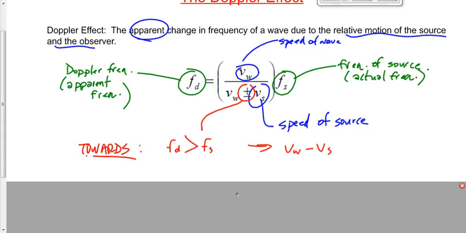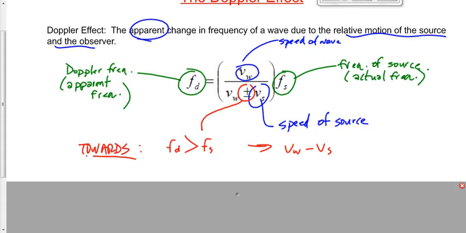You may very well not remember when it's supposed to be plus and when it's supposed to be minus. Honestly, sometimes I don't remember either. It's just like that whole diffraction thing. Remember, the size of the opening affects the amount of diffraction, but also the frequency affects diffraction. I never remember how the frequency affects diffraction.